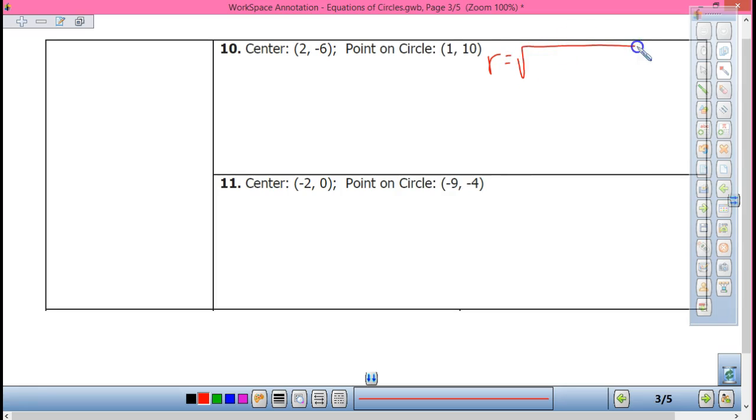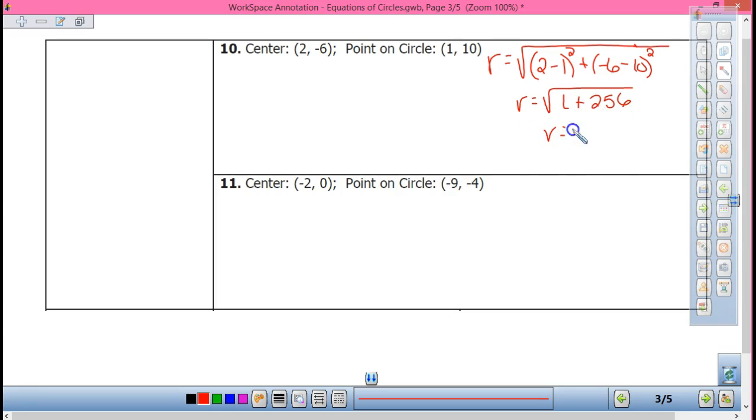Radius equals the square root of (2 - 1)² + (-6 - 10)², negative 16 squared, 256.